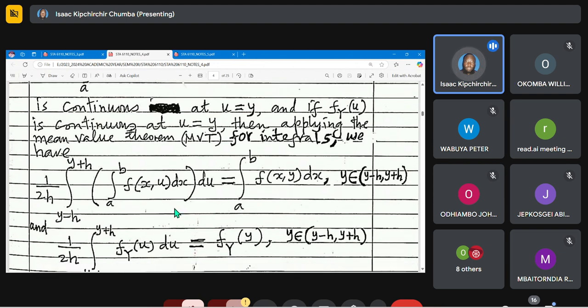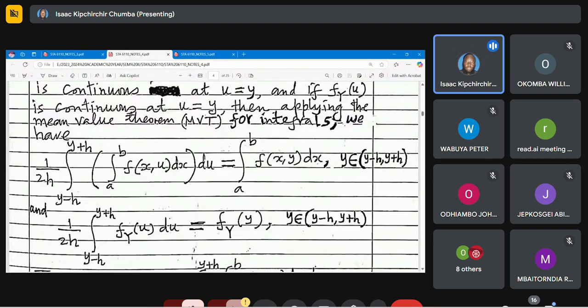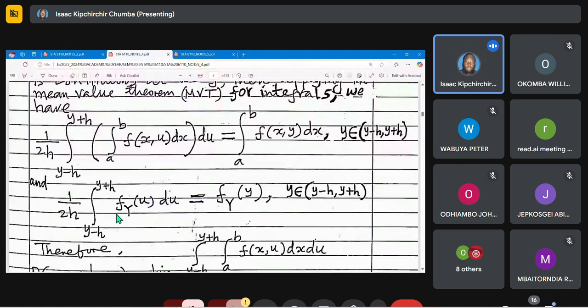And similarly for the other one, it's the same story. The function in question is f of y u. So y lies in the interval y minus h, y plus h. So you integrate the function over the interval, divide by the length, and evaluate the function at y, which is in the interval.